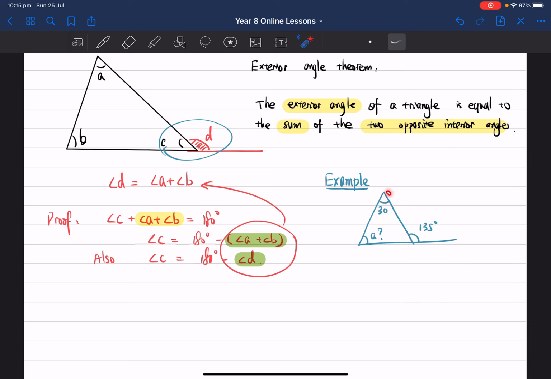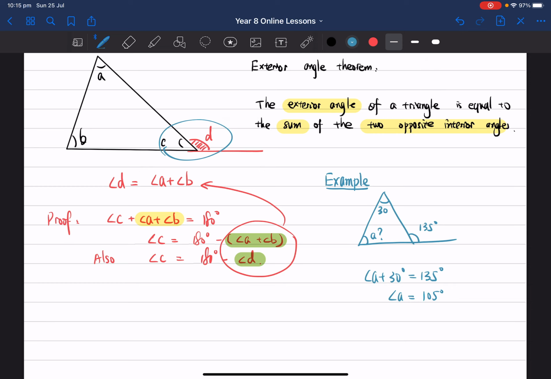We know that an exterior angle of a triangle is equal to the sum of the two opposite interior angles. So the angle here must be equal to 30 degrees plus A. So angle A plus 30 degrees is 135 degrees, so angle A is equal to 105 degrees.